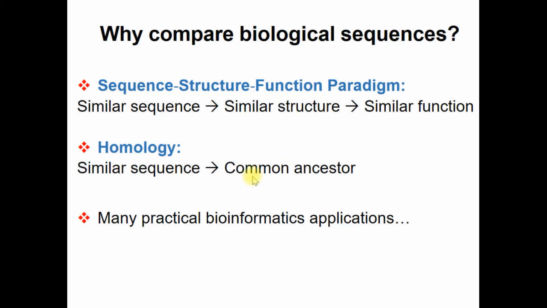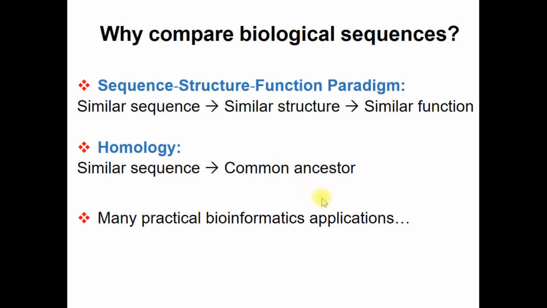Secondly, from an evolutionary point of view, similar sequences in different species often mean that they have a common ancestor, so-called homology. In fact, the similarity between sequences is one of the foundations for constructing evolutionary trees in phylogenetic study.